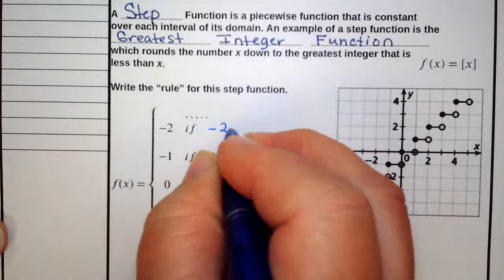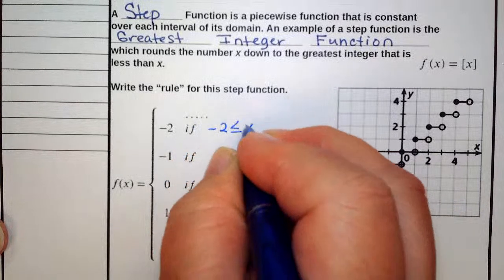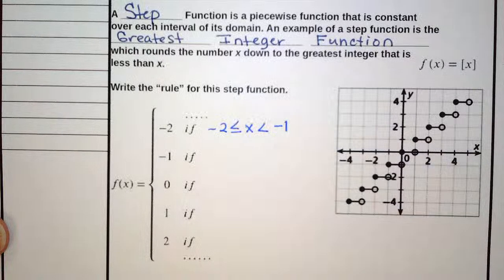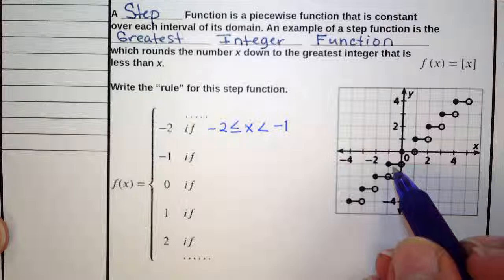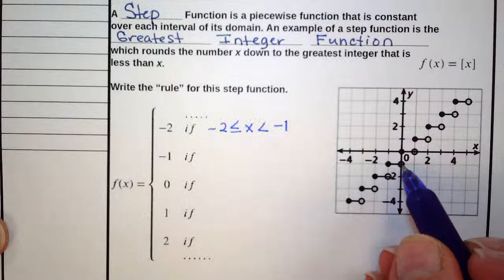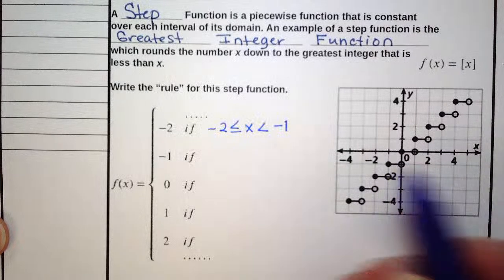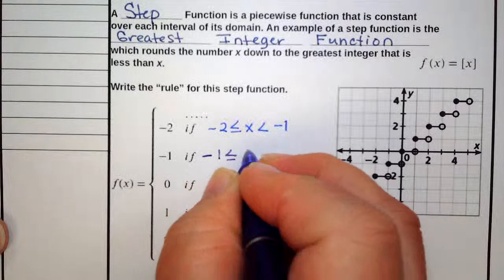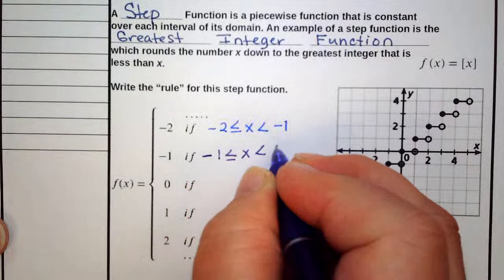So -2 is less than or equal to x is less than -1. So what about the next one? We're looking at -1. Once again, it goes up to 0, but does not include 0. So it's -1 is less than or equal to x is less than 0.